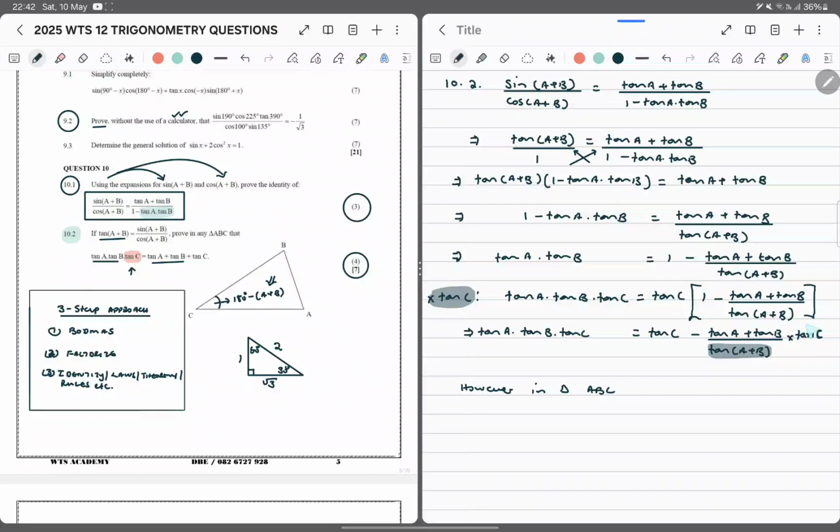For us to get rid of this, we're going to have to manipulate this 10C because we want it gone. Because we already have our 10C there. In this triangle ABC, we understand it is such that angle C is equal to 180 degrees minus the sum of angle A plus angle B.